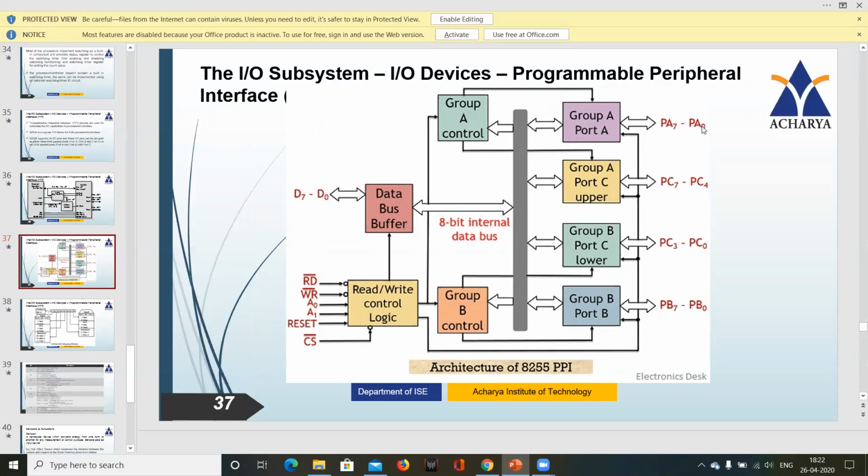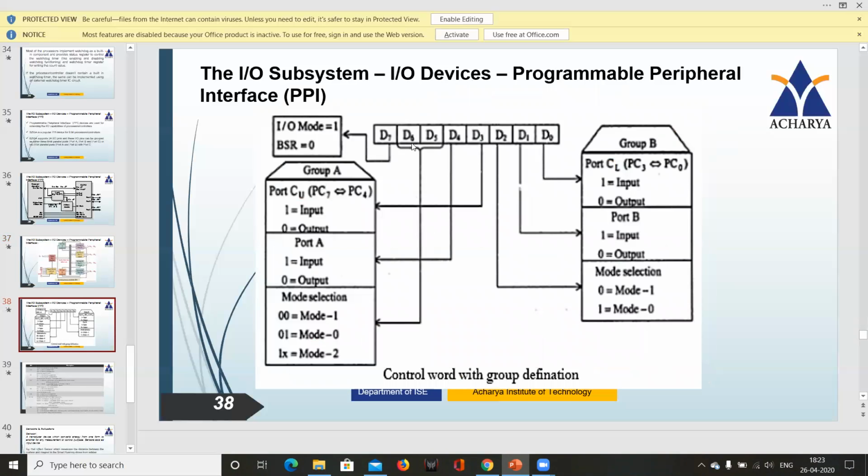In case of a keypad, if I'm connecting a keypad to port A, from the keypad the data comes via port A and goes to the microprocessor. That time, that particular bit becomes input, that is 1. Let's go to the 38th slide. I hope this is clear to you. D4 means if that bit is 1, all 8 pins will become input pins. If it is 0, all 8 pins will become output pins.